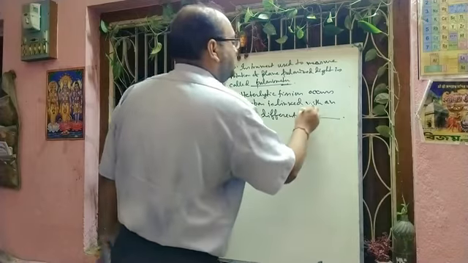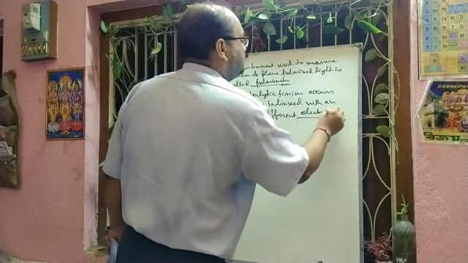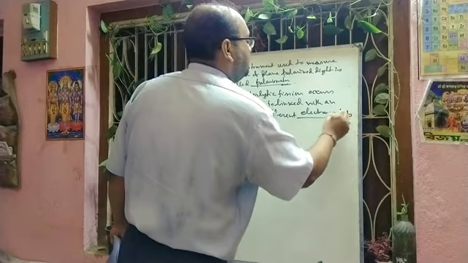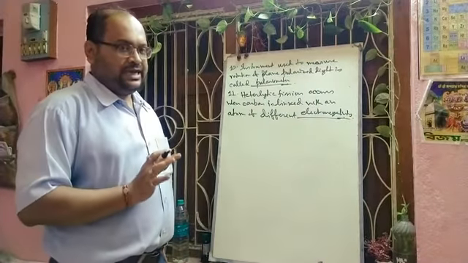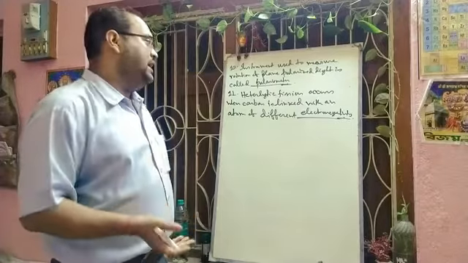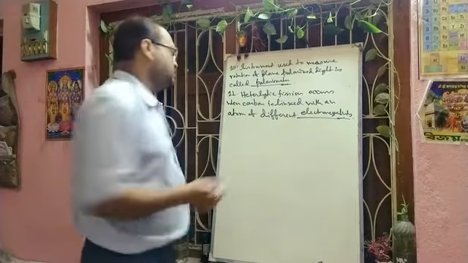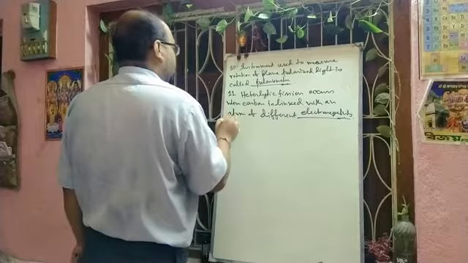Definitely it will be electronegativity. Because of the electronegativity difference, one will be delta positive, another will be delta negative, and then there will be heterolytic fission and formation of ions, cation and anion.